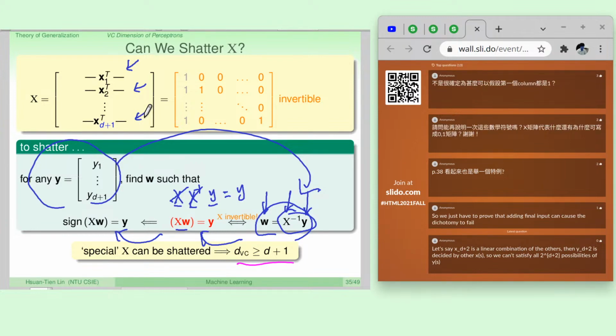Remember, in the general case, we have a set of input vectors, and we want to see whether we can shatter those input vectors or not. And because we want to use linear algebra more easily, we arrange those input vectors in a matrix. This matrix tells us some properties that we use in the proof.